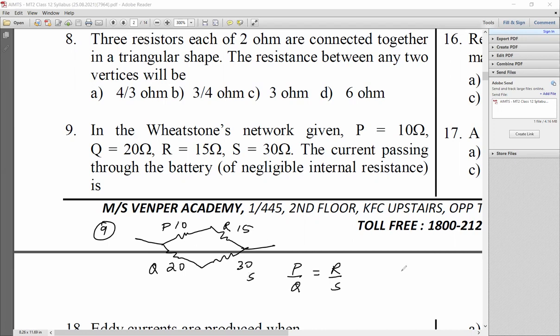So 10 and 15 in series gives 25, and the other becomes 50. 25 and 50 will again be in parallel. Just solve for the parallel and you'll get the answer. What is parallel? 1 by R equivalent equals 1 by R1 plus 1 by R2. Fine. Next.